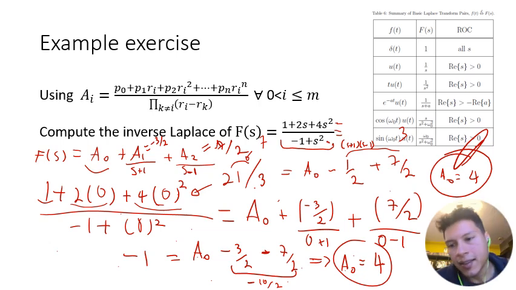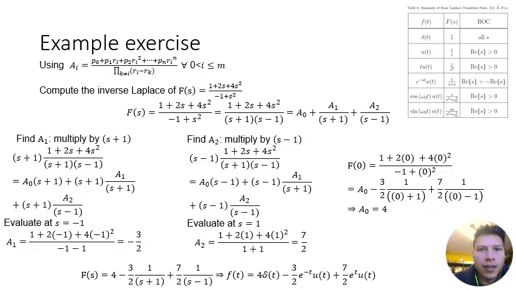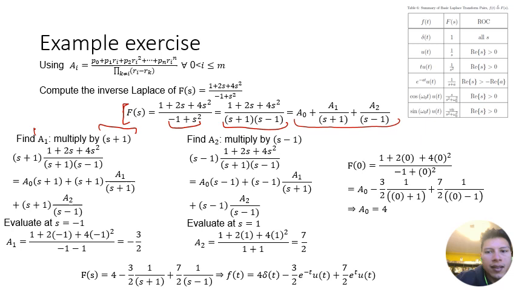In the next slide, things are much more clean. So to find A1, the first thing I did here was I found what the roots were for the denominator. Then based on the roots, I got that this should be the form that my answer should be in. And then I took this equation here and I multiplied by s plus 1. When I multiply both sides by s plus 1, on the left these two cancel.